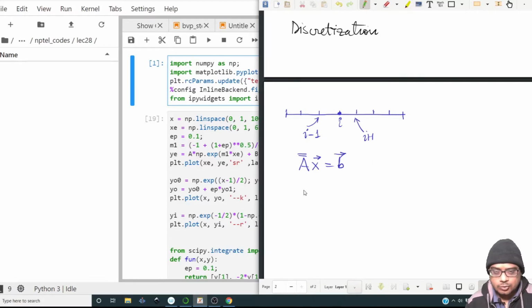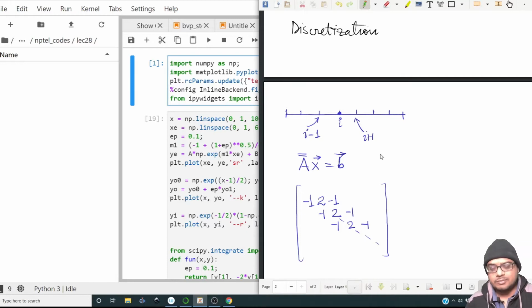And how did the matrix A look? We recall that it was a tridiagonal matrix except for the boundaries. If there was a second derivative, there was some diagonal value like 2 and then the off-diagonal value was minus 1, then it was 2, minus 1, and so on.